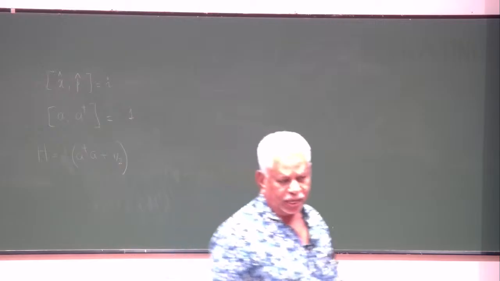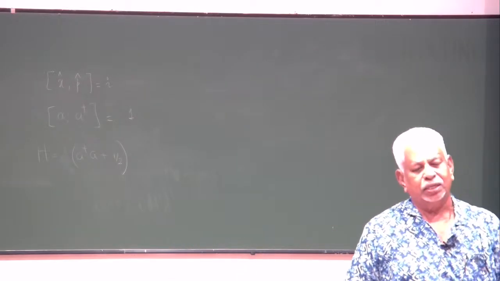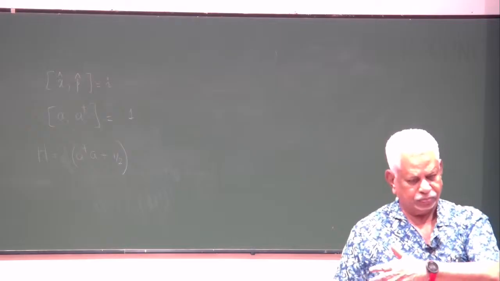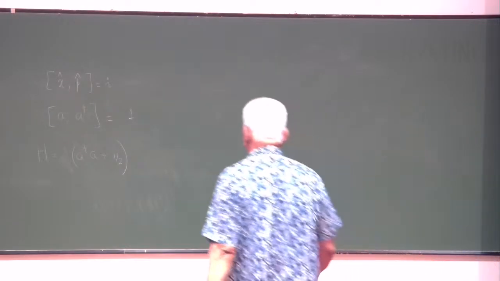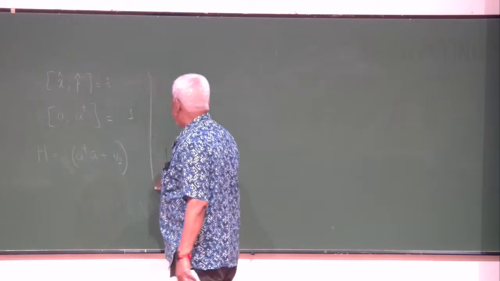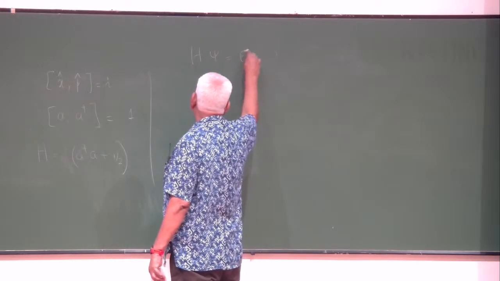This is what the operator will turn out to be: a dagger times a, plus half. As simple as that. So instead of operators x hat, p hat and Hamiltonian, I have made it into a dagger and a, and H is a dagger a. So this is what the operator is, and I want to find out H psi equals E psi.